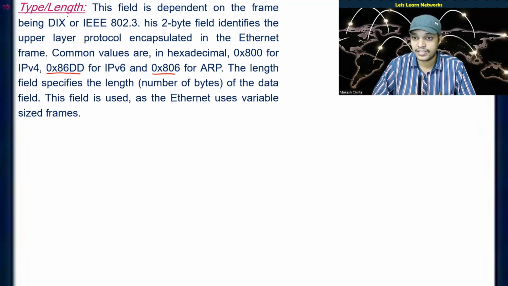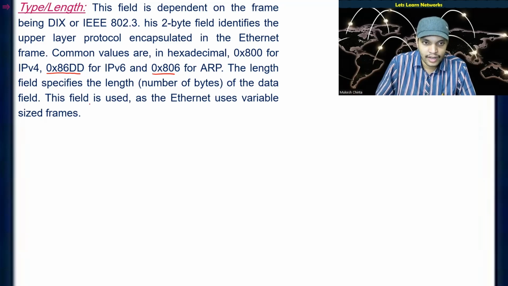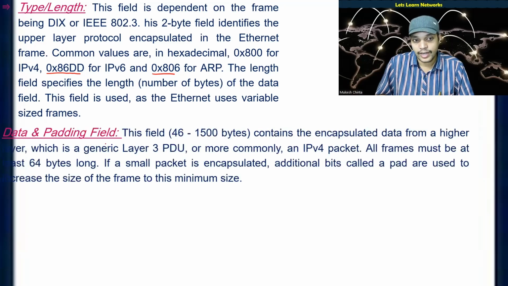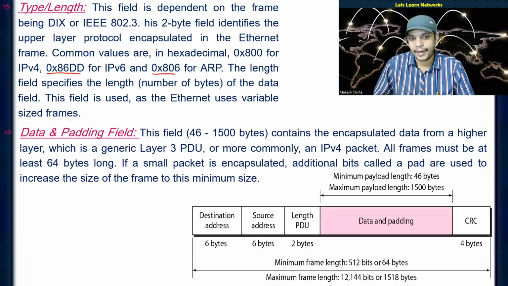It is not a fixed frame size, so it might have multiple frame sizes. In order for the receiver to understand the total length of your data field, this length field is used. Whichever value you place here means that many bytes are present in your data field. Now let us talk about the data and padding field.